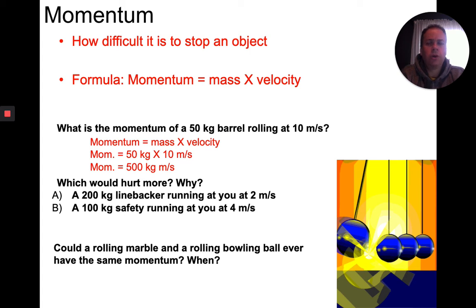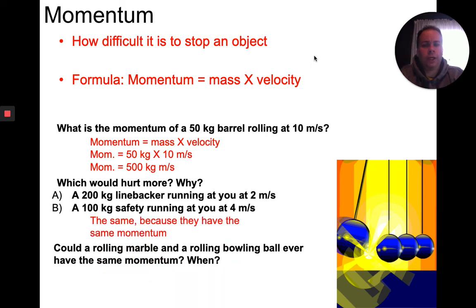Let's say a 200 kilogram linebacker, a big linebacker, was running at you at a velocity of 2 meters per second, was going to tackle you. Or there's going to be a much smaller player, a 100 kilogram safety, running at you to tackle you, but they're running at 4 meters per second. Which one would hurt more? Which one would have greater momentum?